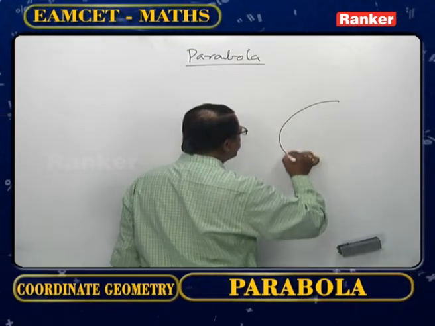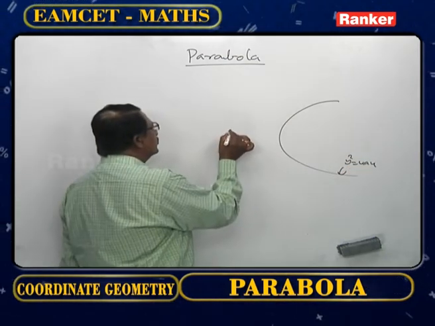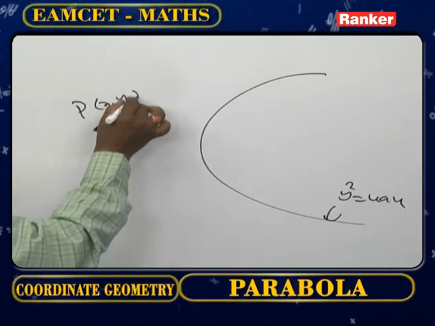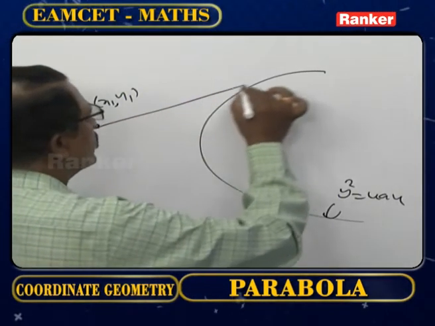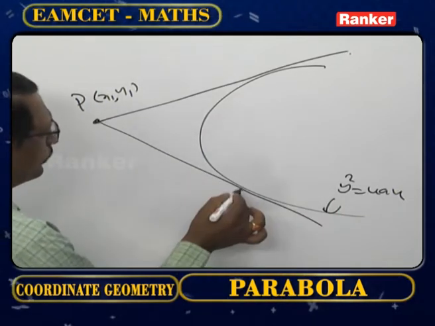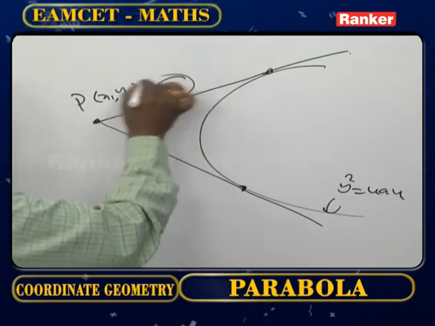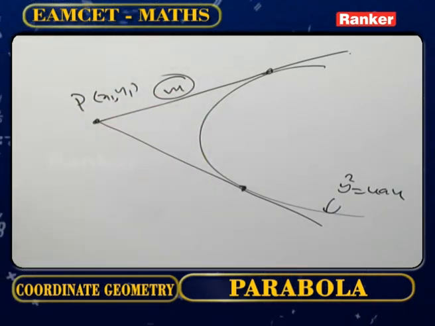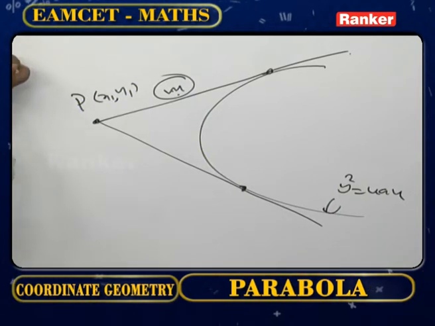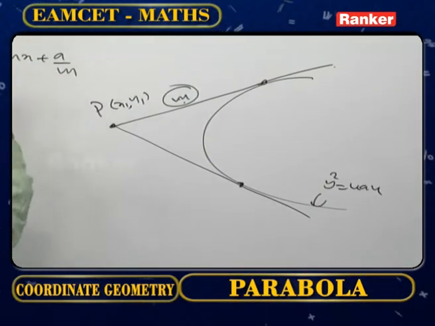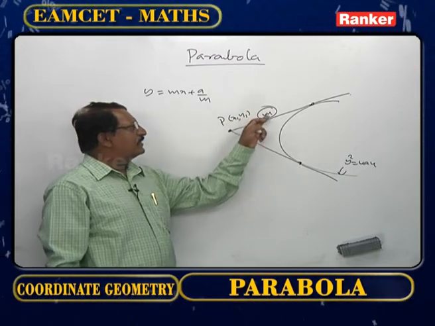If for the parabola y square equals 4ax the point P(x1, y1) lies outside the parabola, two tangents can be drawn from the external point to the parabola. Consider the slope of one tangent as m.